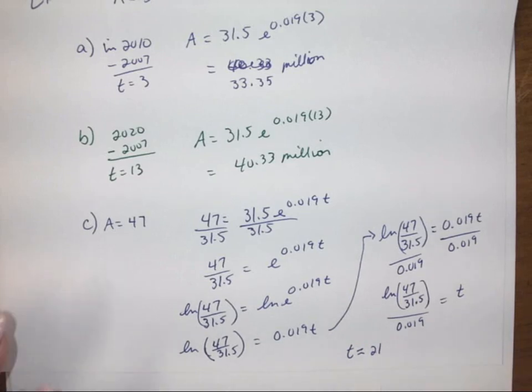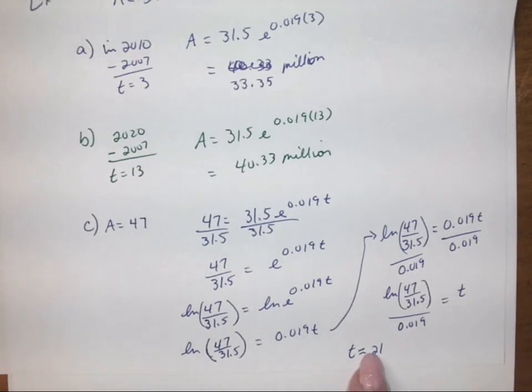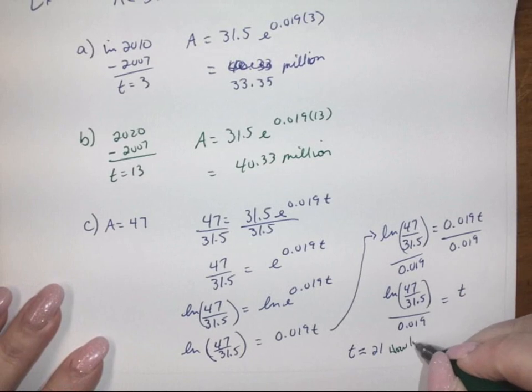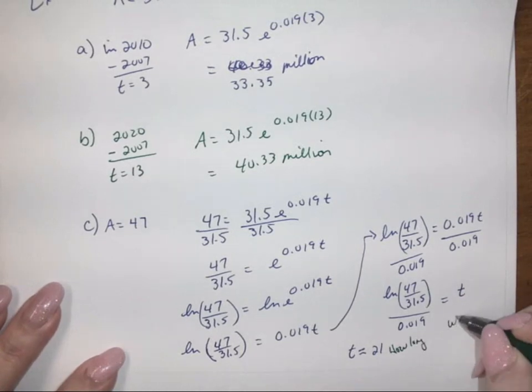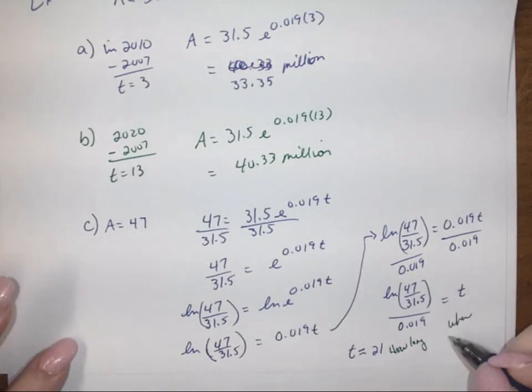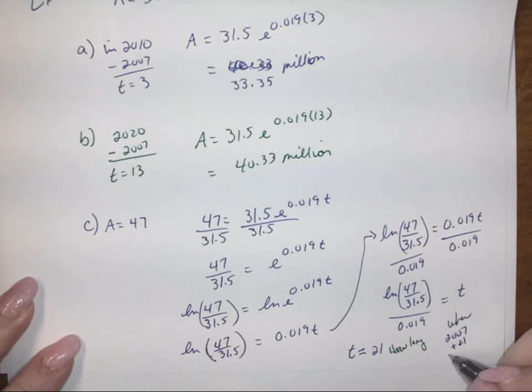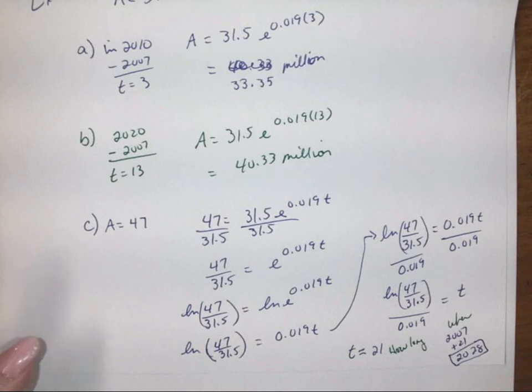This is the how long part, 21 years. But they asked us to tell them the when. The when part, we will take our original year of 2007 plus 21 and get 2028. So our final answer would be in 2028.